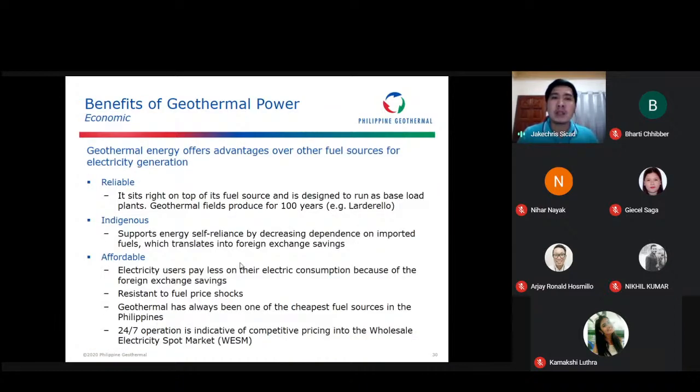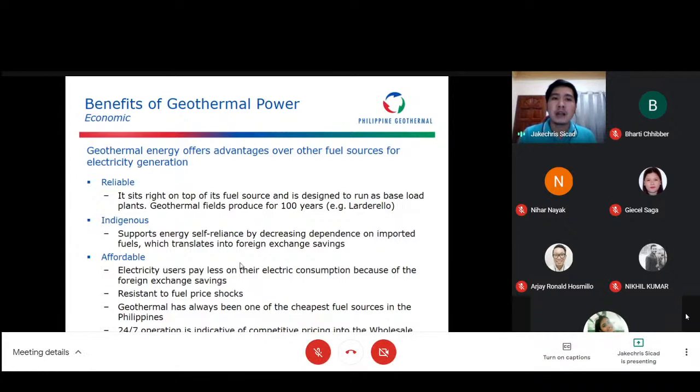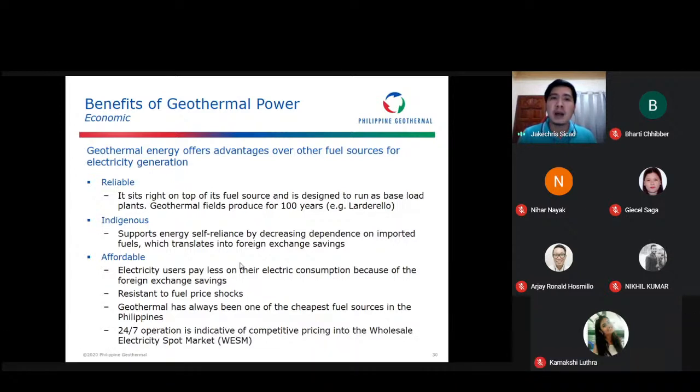And then in terms of the economy, geothermal energy offers advantages over other sources of electricity generation for being reliable, indigenous, and affordable. Reliable meaning it is one of the fuel sources that is designed to operate 24/7.